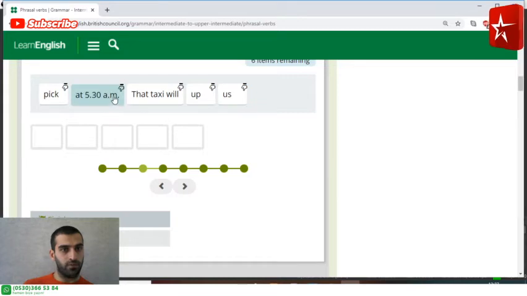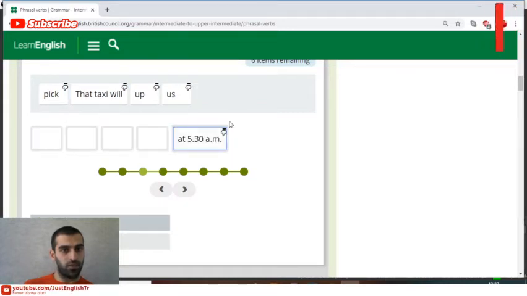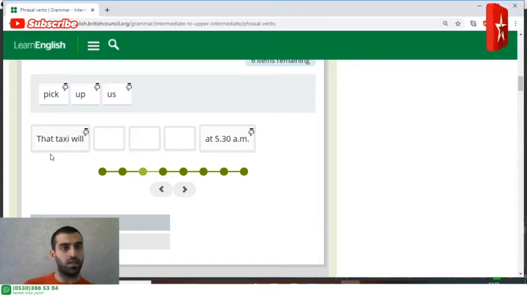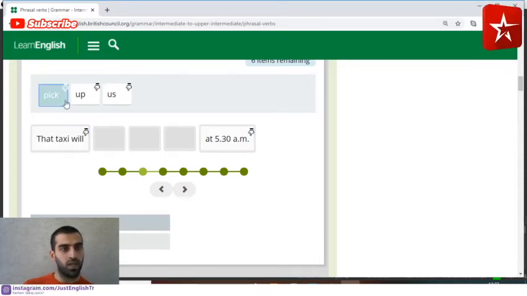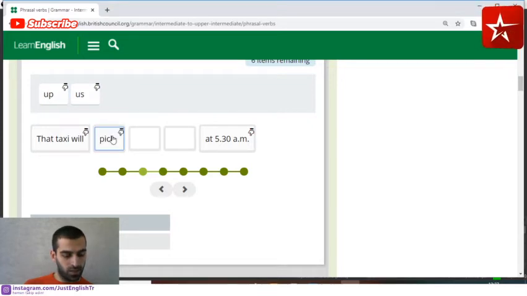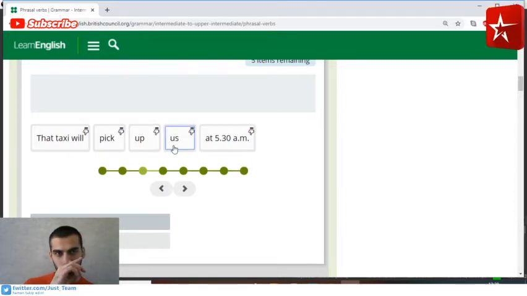As you see, we have that, should come here, at 5:30 a.m. The time adverb comes at the end of the sentence, and at the beginning of the sentence we have to use the word with a capital letter. That taxi will pick up us. Mishael says that taxi will pick up us at 5:30 a.m. Okay, pick up us at 5:30 a.m.